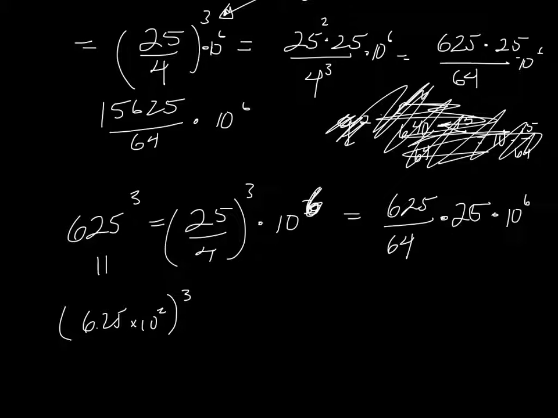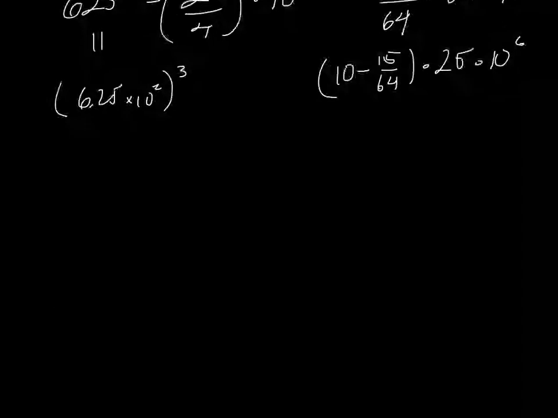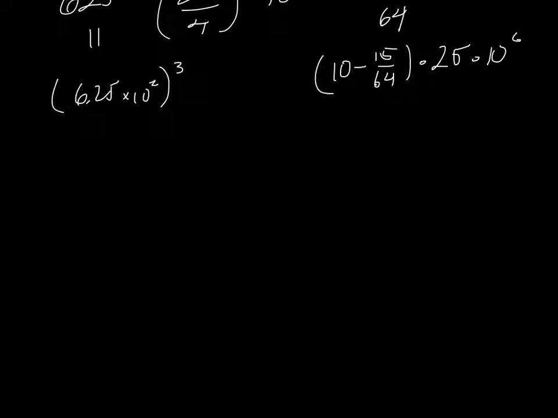Now we said 625 over 64 is 15/64ths less than 10. So this is like 10 minus 15/64ths.